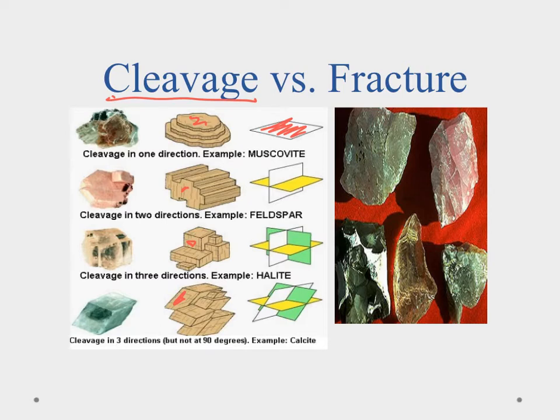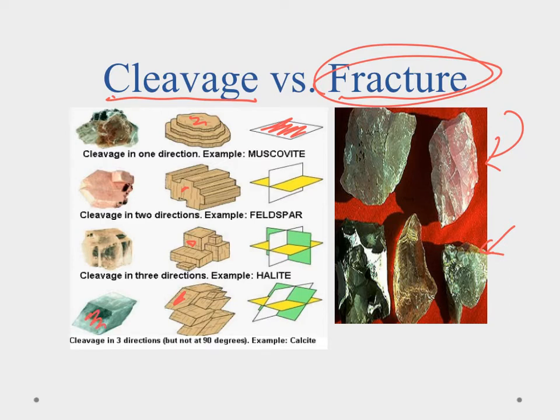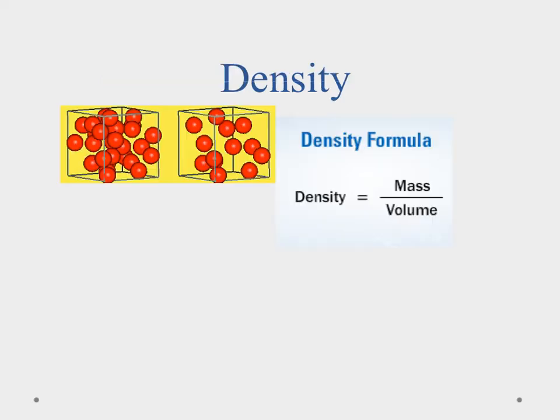And that tells us that it's cleavage, if it's a nice even flat surface. If it doesn't break that way, then we define it as having fracture. And you can see in the rocks shown down here that they're all just broken apart. There's no real flat surfaces. I mean, you can find tiny ones, but overall there's no big flat surfaces like you would see here. All right, so cleavage is if it breaks on a nice flat surface. Fracture is if it's an uneven breaking.